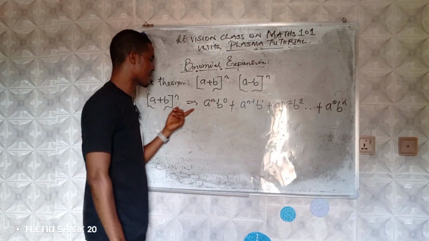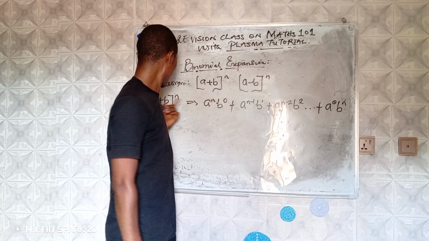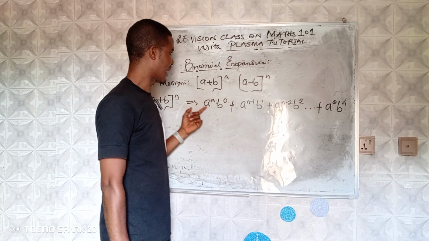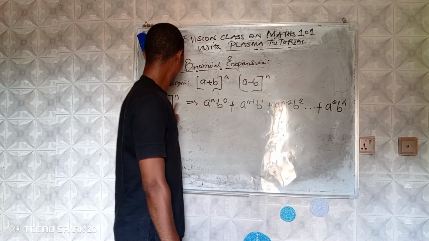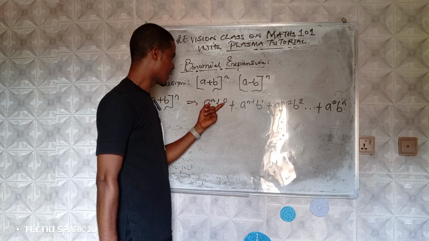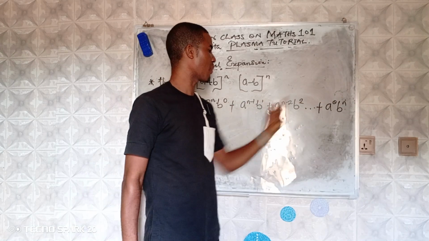So like I said, the theory starts from a to the power n. a will start from the power of n and continue reducing till it gets to 0, while b will start from the power of 0 and continue increasing till it gets to the power of n.